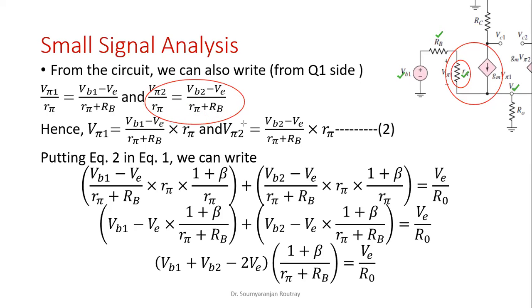Any doubt you can ask regarding this equation, but this is a very easy equation. It is the first voltage minus the second voltage divided by the total resistance between these two voltages, that is RB and R pi. Now we can write this V1, just multiply R pi to the right hand side.